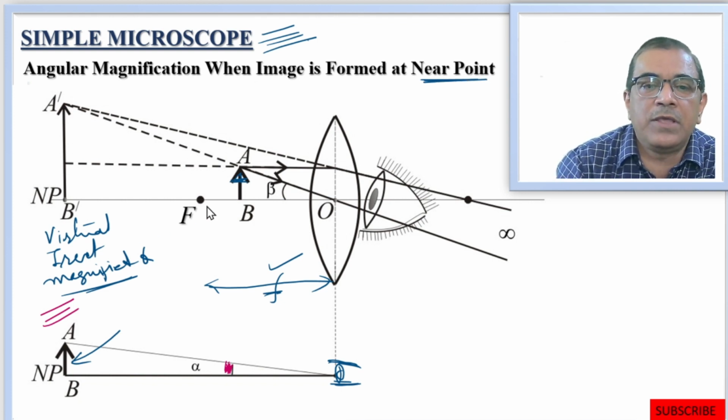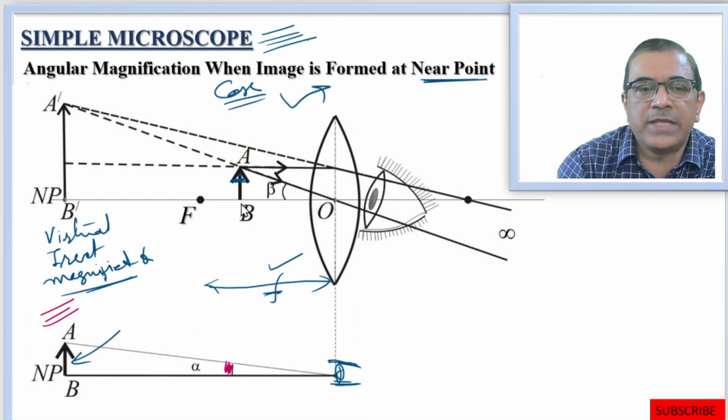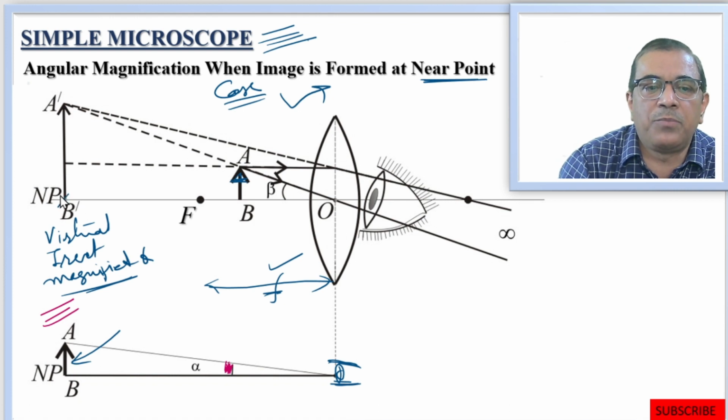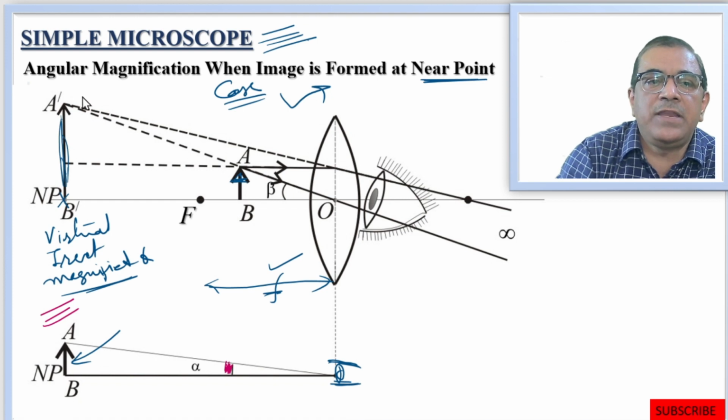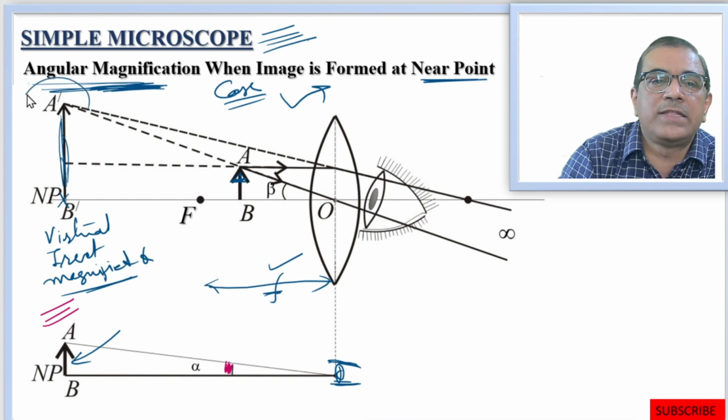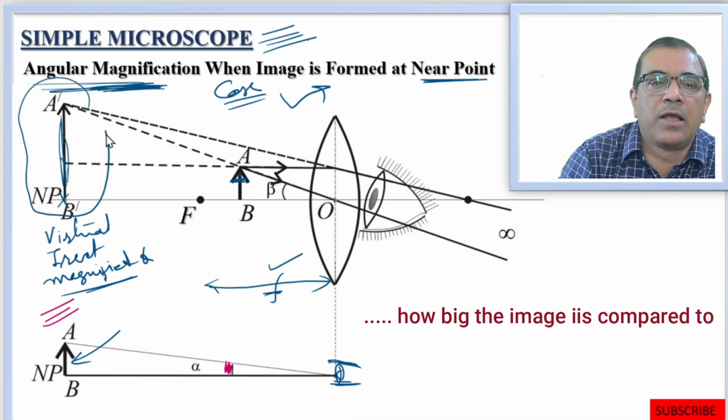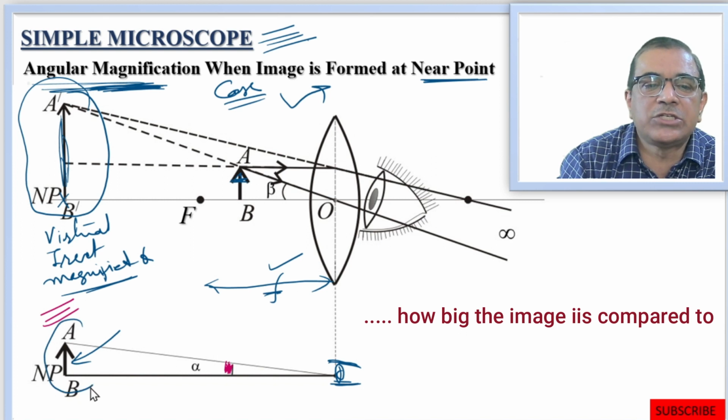Now you see, the position of this object is such that in case number 1, this is case number 1 we are talking about, the object has been placed such that its image has been formed at the near point. Because the image is magnified, we need to find its angular magnification. We need to know how big the image is compared to the size of the object.